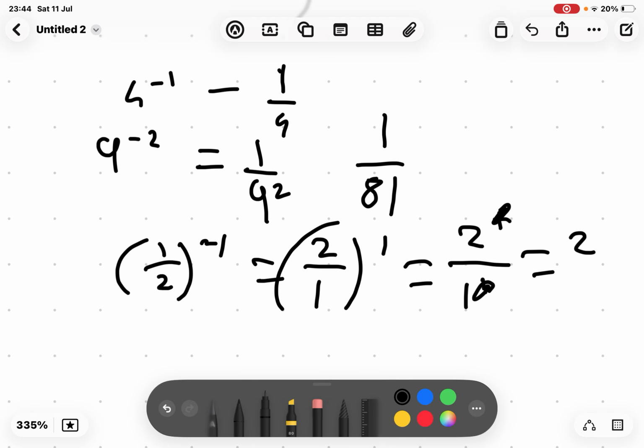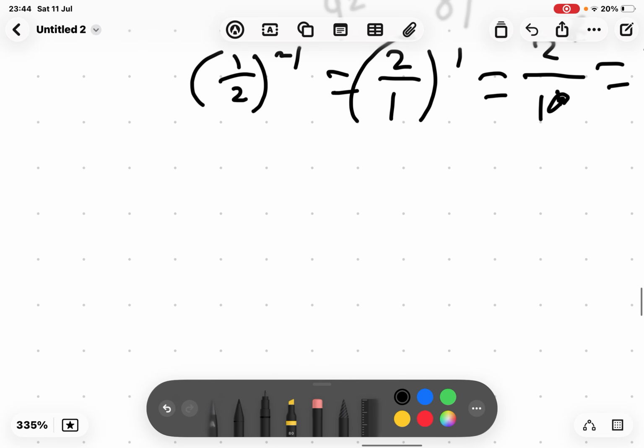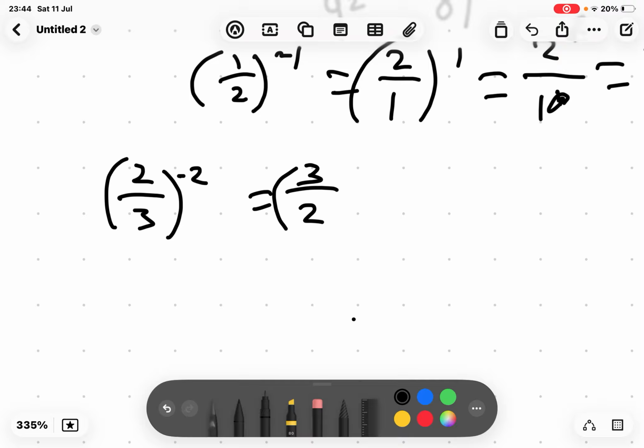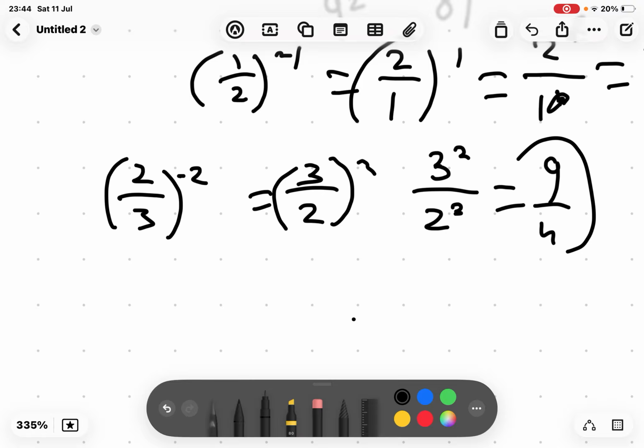So this flips. 3 to the power of 2, 9 over 4. This is the final answer.